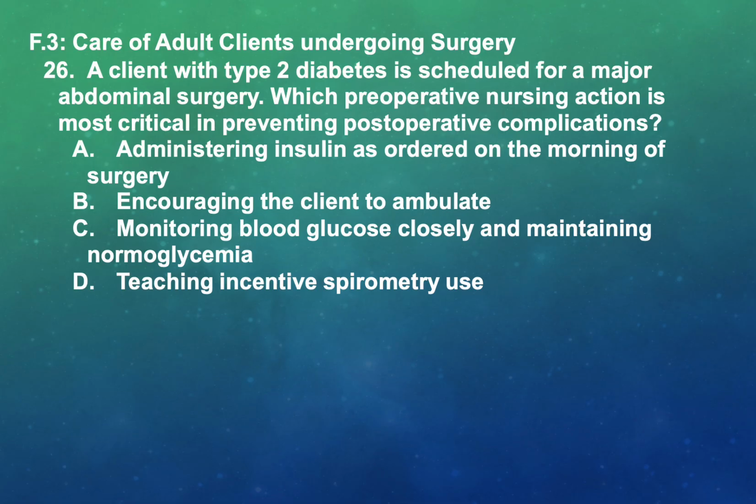26. A client with type 2 diabetes is scheduled for major abdominal surgery. Which preoperative nursing action is most critical in preventing postoperative complications? 26. The answer is Charlie. For clients with diabetes undergoing major surgery, the stress response triggers the release of cortisol and epinephrine, which elevates blood glucose levels.